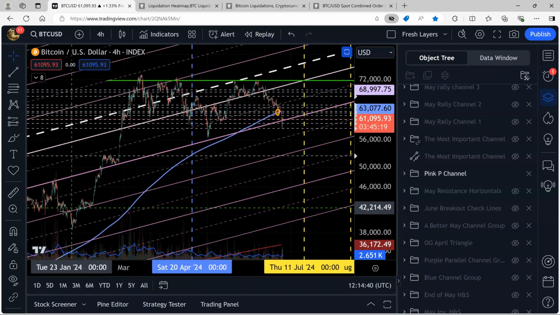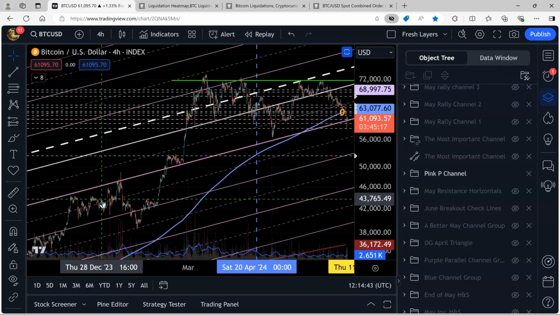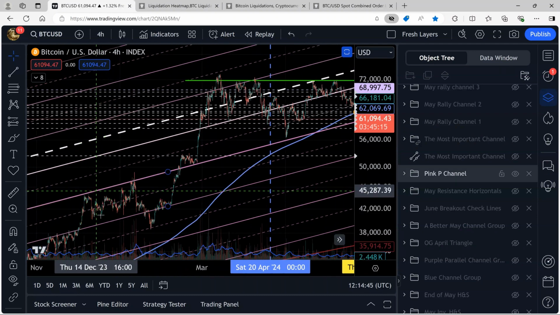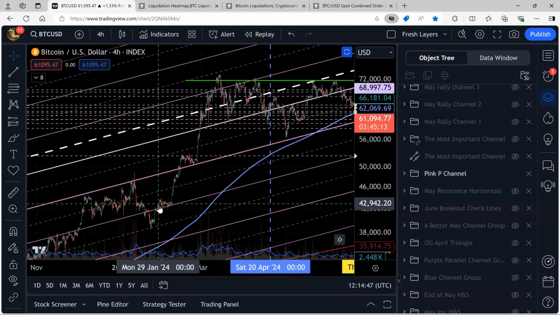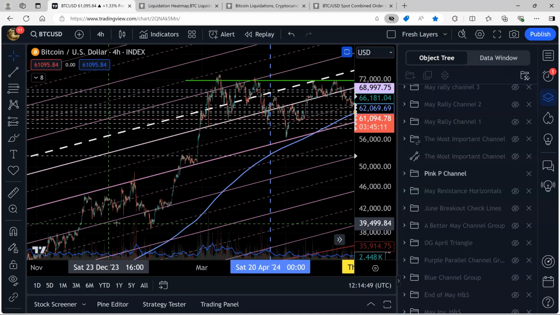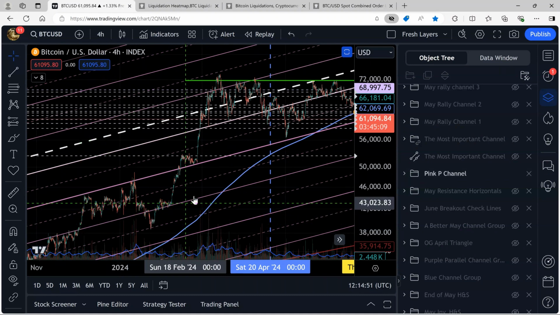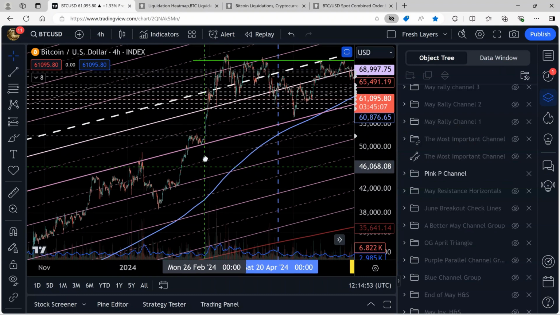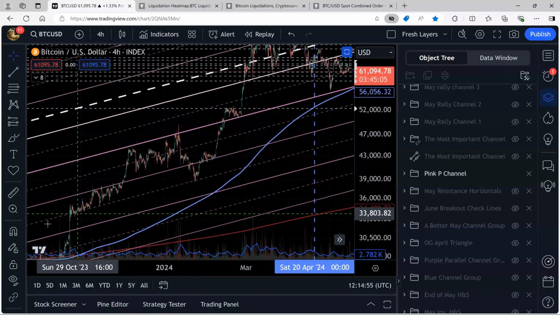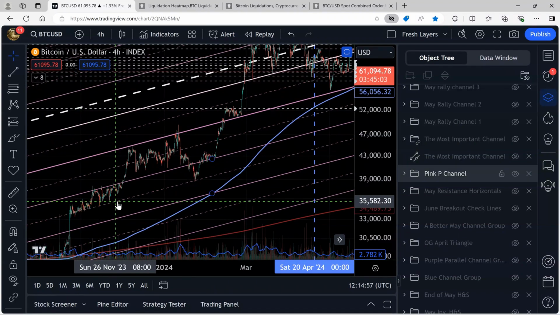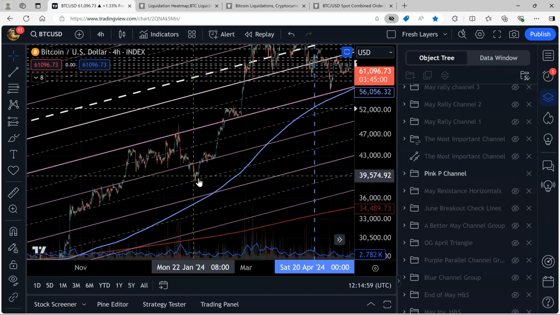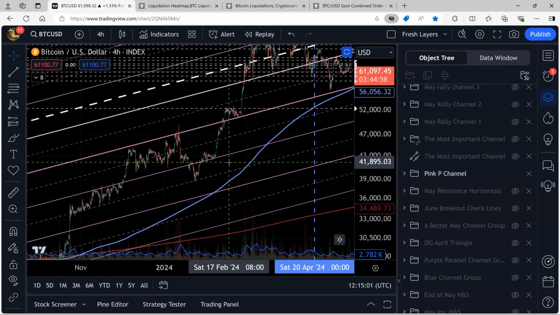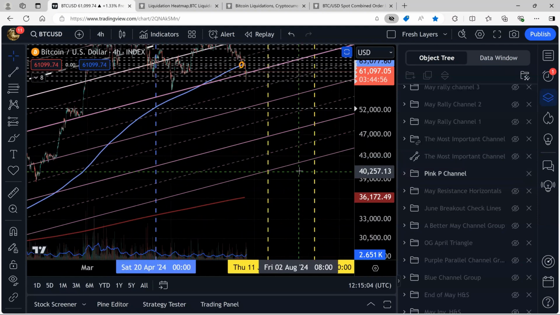We also have diagonal support right here. You have a lot of price action within this channel, and you have the base of this channel acting as support. Additionally, the center line below that channel also acted as significant diagonal support here.